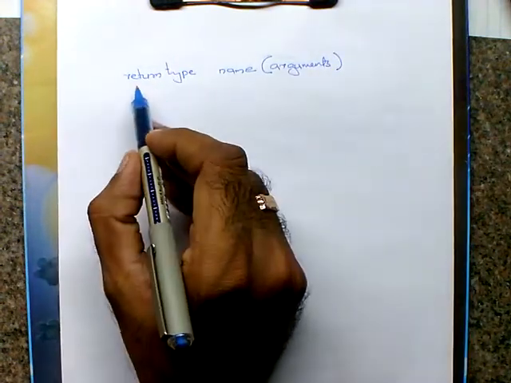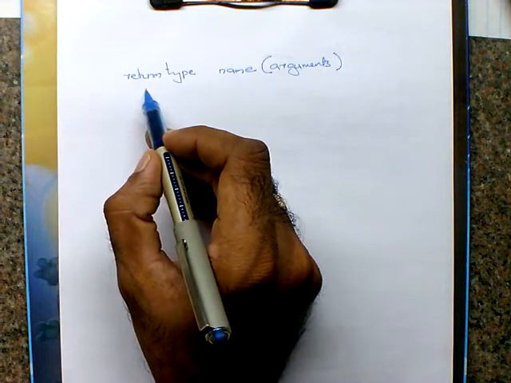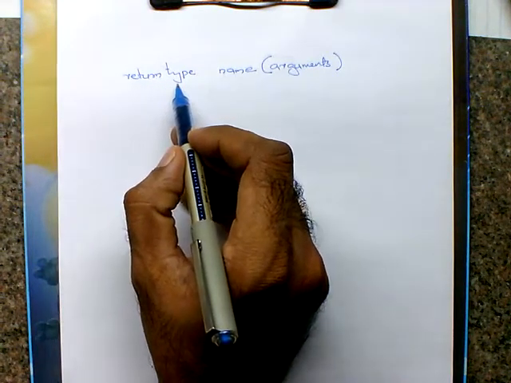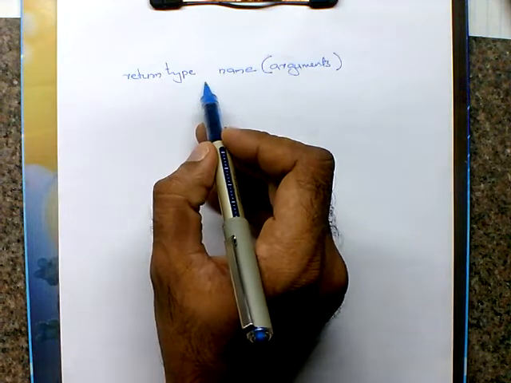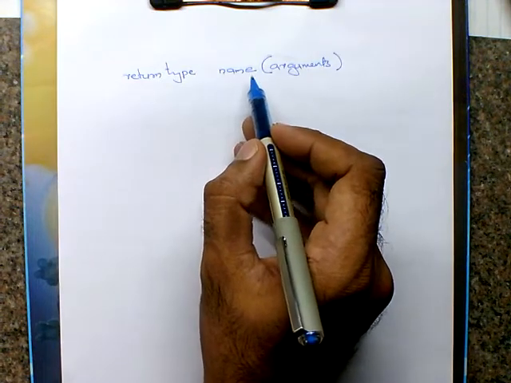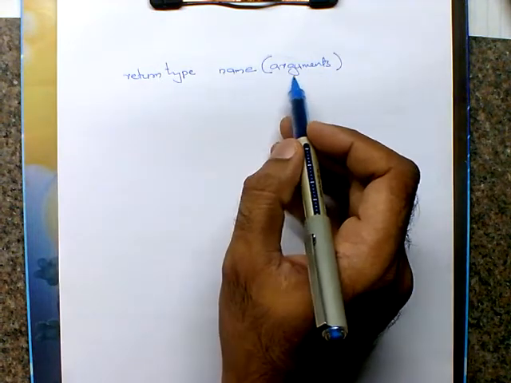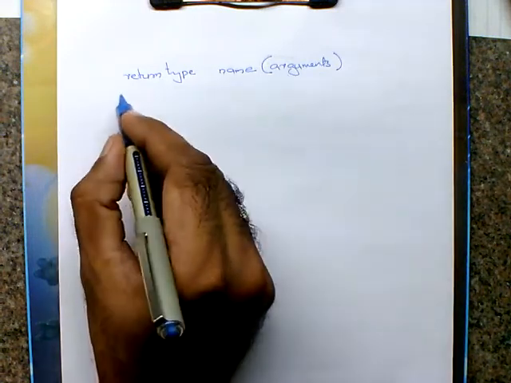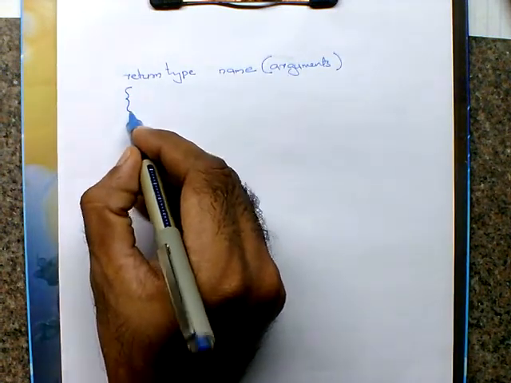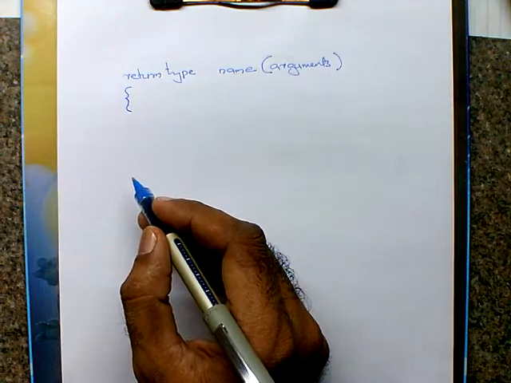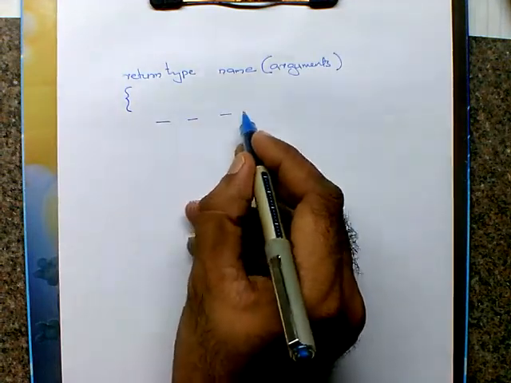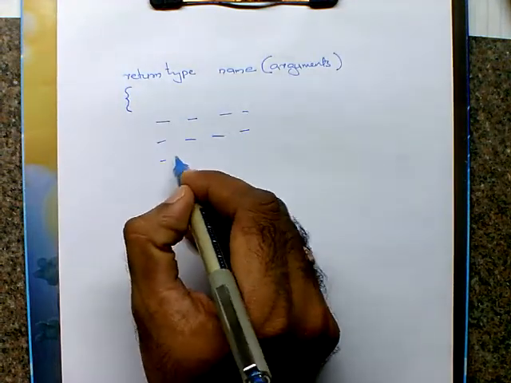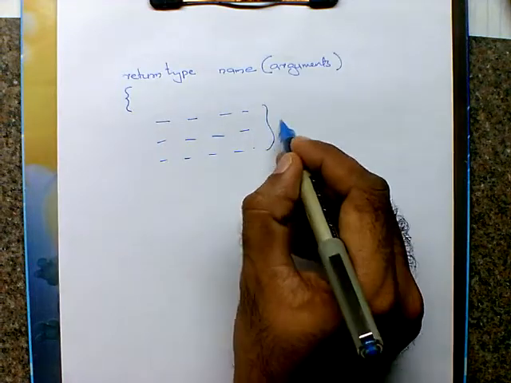In the first line of the function we write the return type first, put a space, then the name of the function, and inside the brackets the arguments. Then put the opening curly bracket, and here we will write the function body.